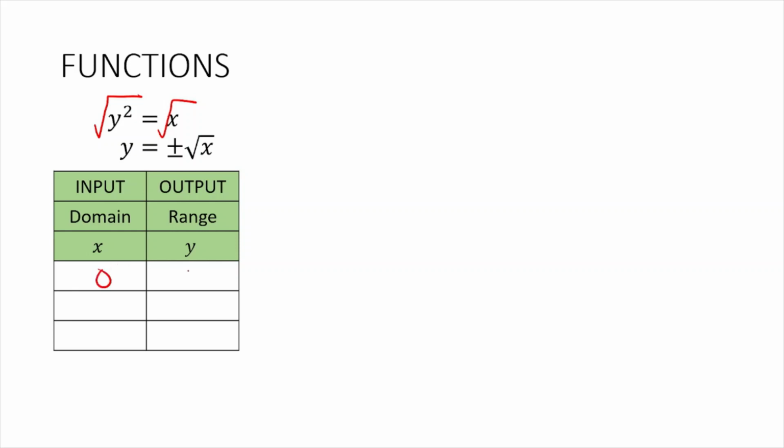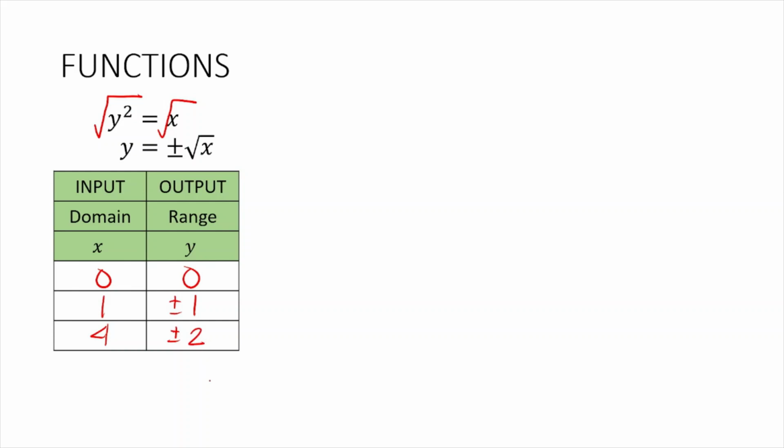If x is 0, then y is 0. Now, let's use 1 for x. If x is 1, then the square root of 1 is positive and negative 1. And then let's say 4. So the square root of 4 will be positive and negative 2.